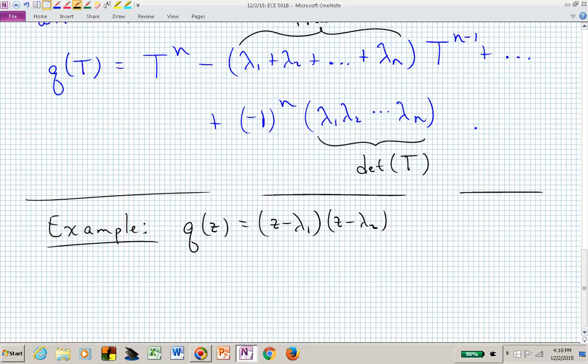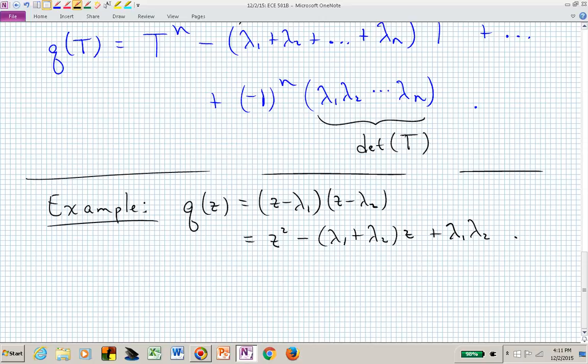If we look at z minus lambda 1 times z minus lambda 2, this is then z squared, it's second order, which we would expect, minus lambda 1 plus lambda sub 2 times z plus lambda sub 1 times lambda sub 2. And you can see that that last piece is minus 1 squared, the coefficient on the product of lambda 1, lambda 2, and we have our minus lambda sub 1 minus lambda sub 2.